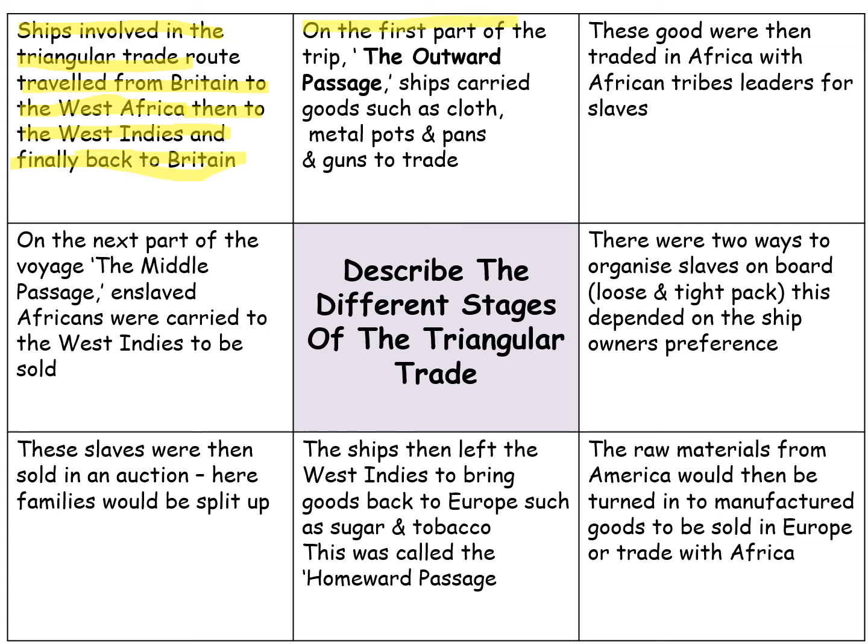On the first part of the trip, the outward passage, ships carried cloth, metal pots and pans and guns to trade. These goods were traded for slaves.